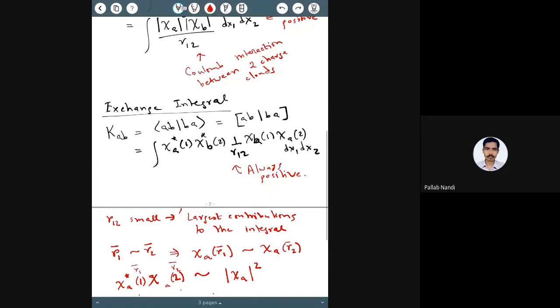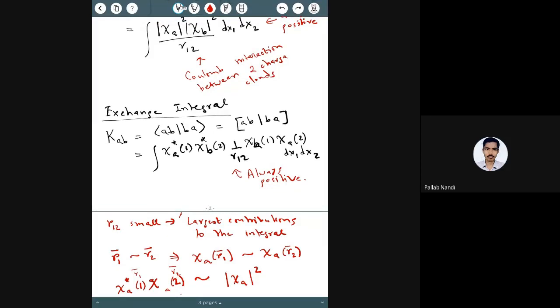So overall, the integral becomes positive. There are actually some pathological cases, where you can design a wave function where the exchange integral is negative overall. But this is not largely true for real systems.